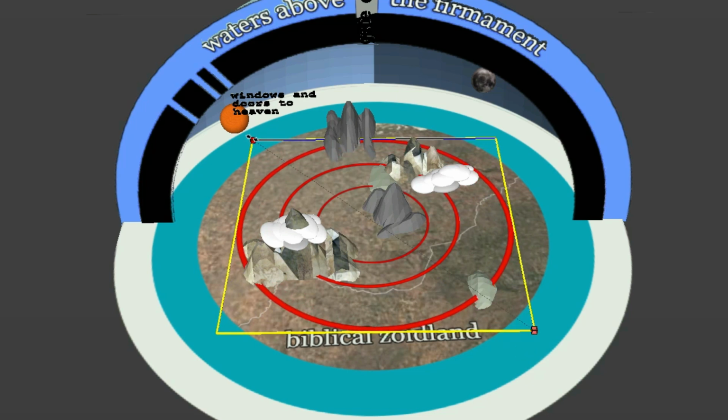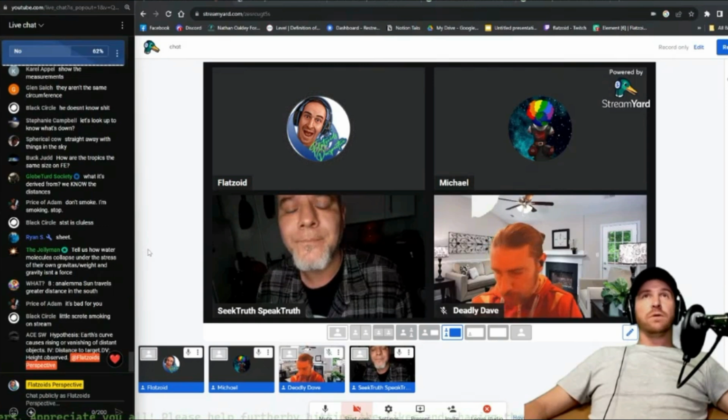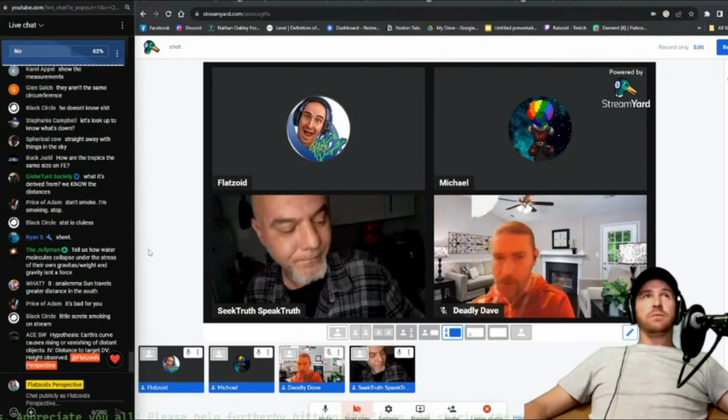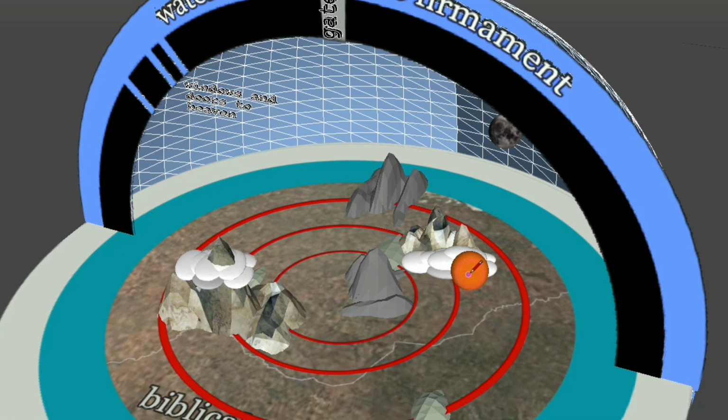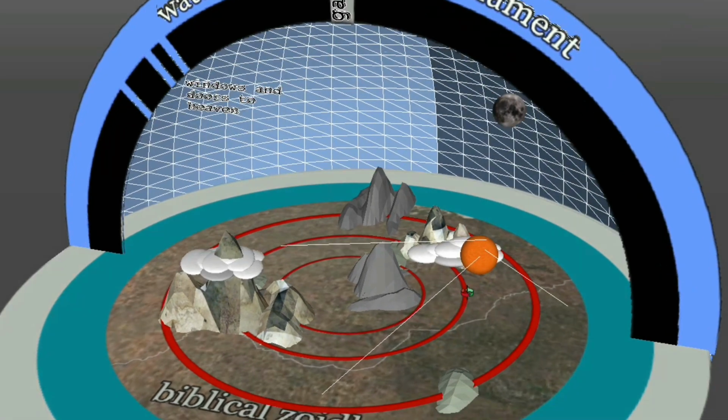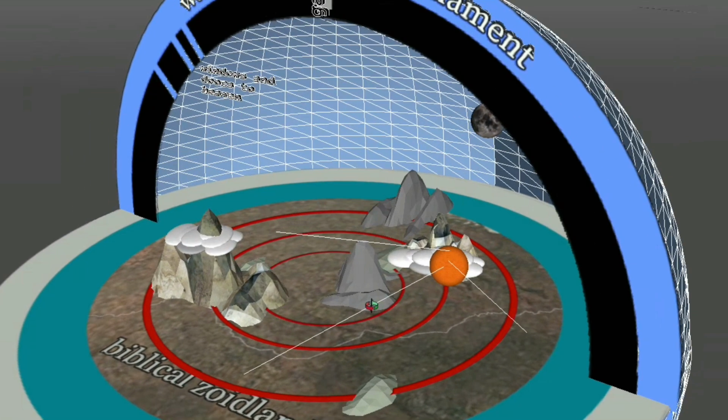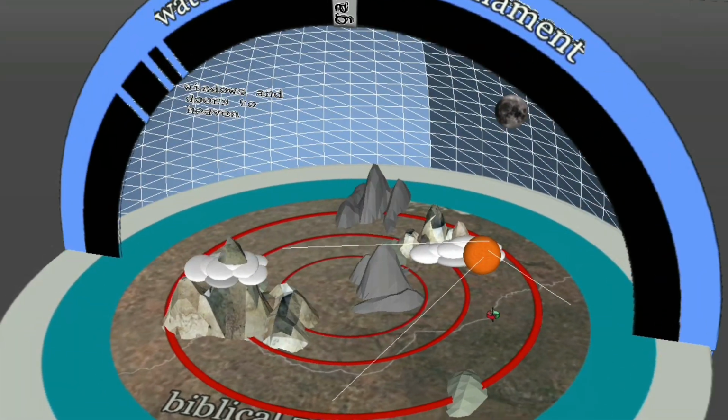According to your specifications of the biblical cosmology model, Flatzoid. And everybody looks at the same sun, so nobody's looking in different directions. So everybody looks at the same sun. Not in the same direction, of course. So this is the idea of the biblical cosmology model.